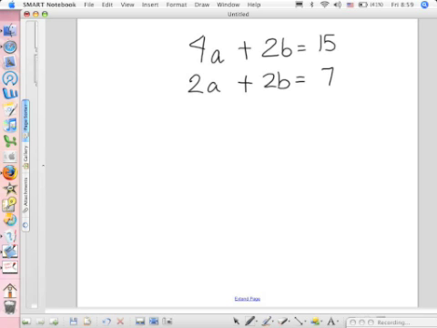When I look at my A variable, I have 4 and 2. That does not eliminate. That gives me 6A. I still have A. I look at my B variable, I have 2 and 2, which also does not eliminate as it is. So what I need to do is figure out how I can make one of those variables go away. Since the B already has the same coefficient, what's the only thing that needs to be done?